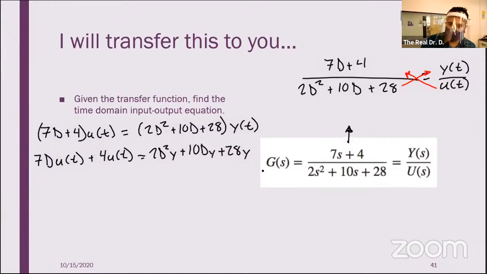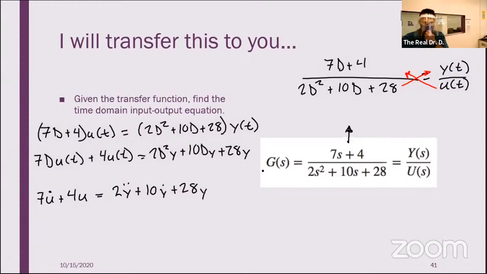Get rid of my D operator. 7 u dot plus 4 u is equal to 2 y double dot plus 10 y dot plus 28 times y. So it's just in reverse. Last time we started with the equation, we added the D operator, we grouped our terms, we divided.